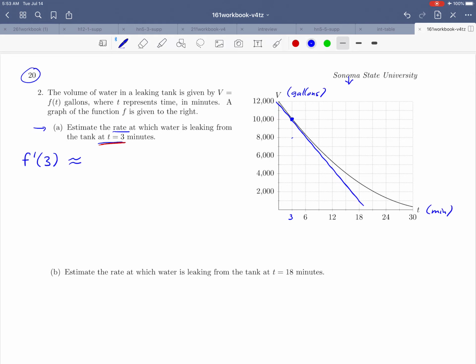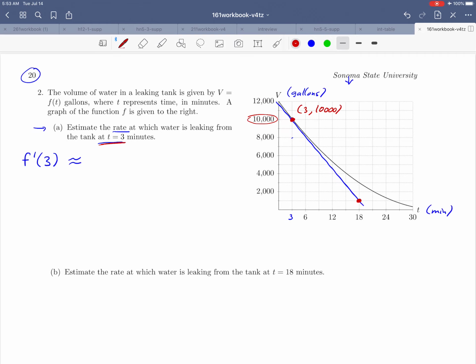Well, one way would just be to pick 2 points on the line. Starting with this point, if you look at the scale, you can see that that point is at 3, and then 10,000 looks to be the y-coordinate. And I'm just going to try to pick a second point on this line that's reasonably nice, maybe down here. You wouldn't have to pick that point, just any other point on the line will do.